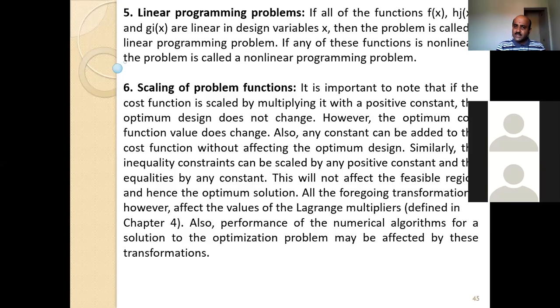These are the observations you are supposed to make once you formulate the optimization design problem from the problem description and put it in the form of a standard model. Then it is easy for us to get the solution based upon what type of programming problem it is. This is what I wanted to convey at the first point in today's class.